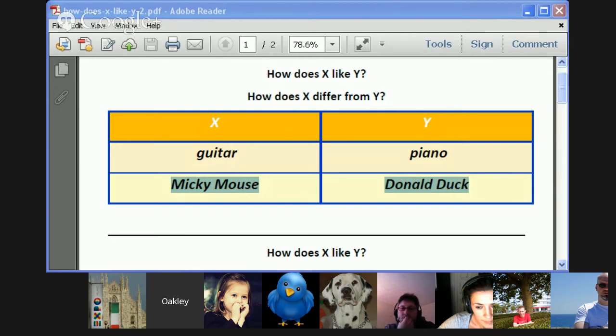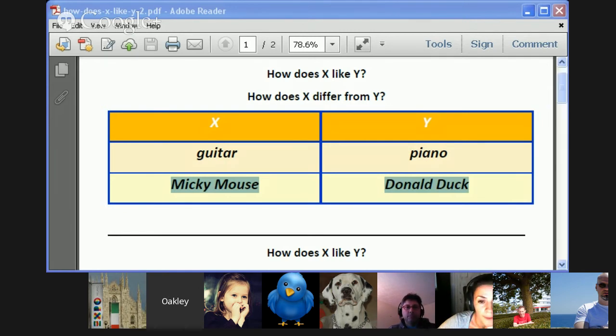Keiko, what do you think? How are Mickey Mouse and Donald Duck the same? Can you repeat, teacher, please? Sure. In what ways are Mickey Mouse and Donald Duck the same? How are they alike?